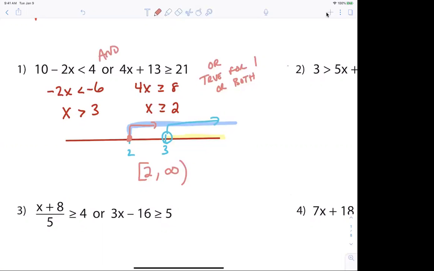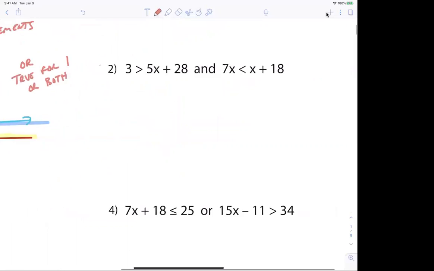It would have to be true for what? It would have to be true for both statements. Now, is everybody happy with number 1? Yes. All right, feel free to do that.